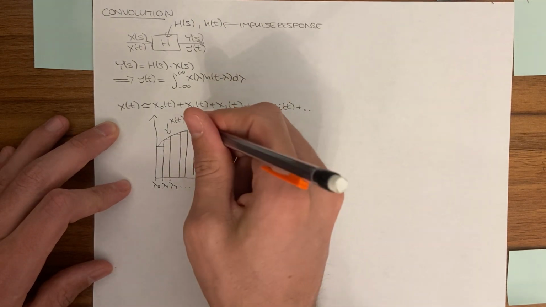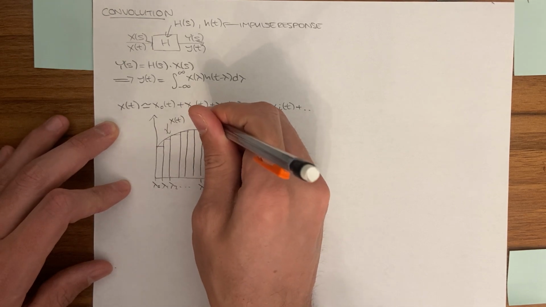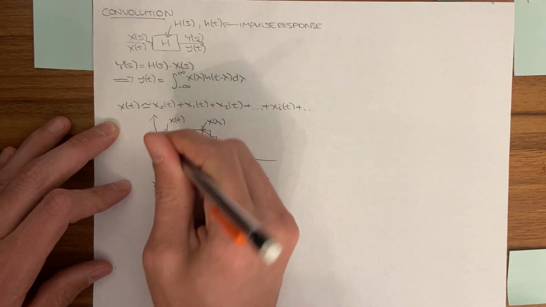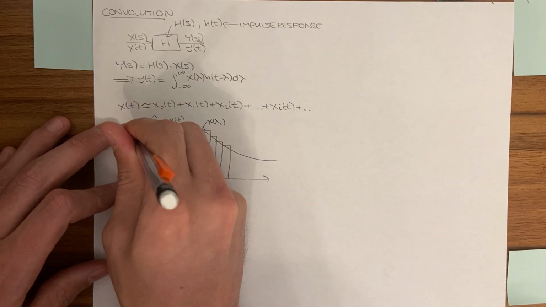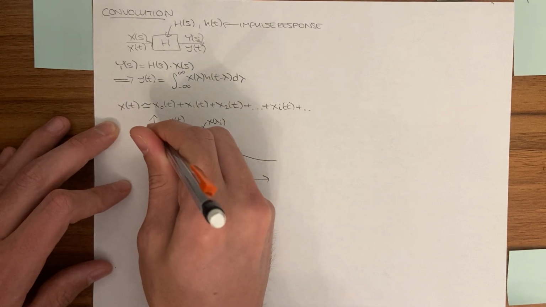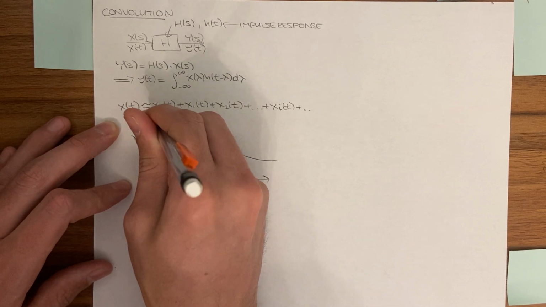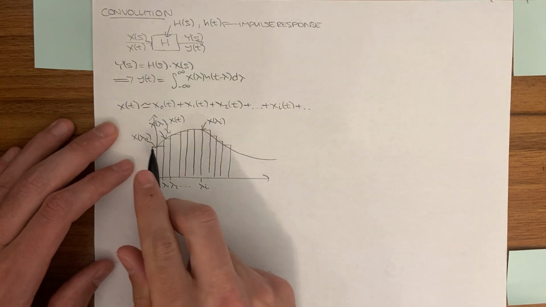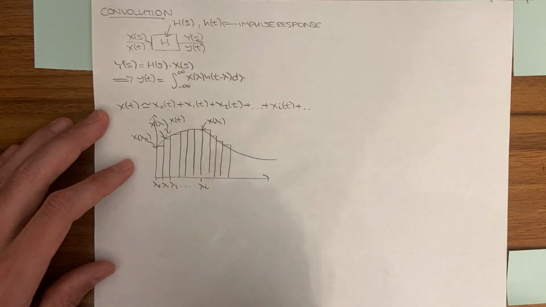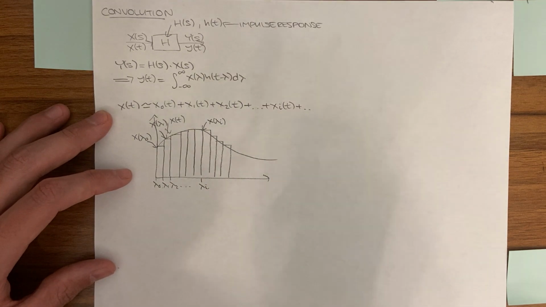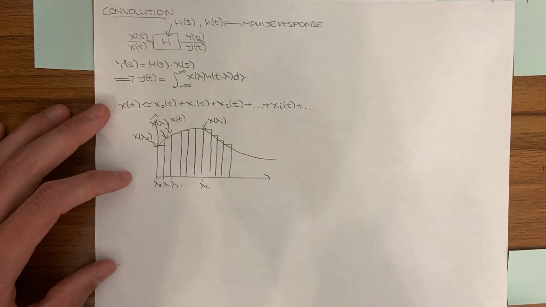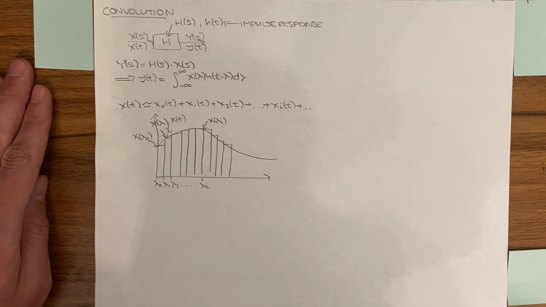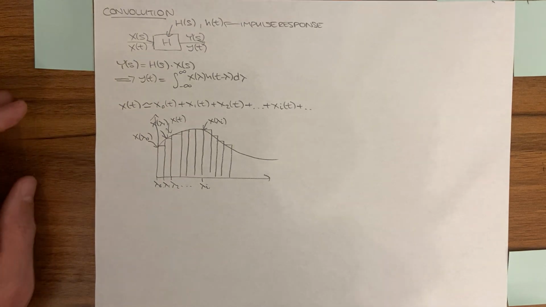Then the height at each corner is just going to be x(lambda i). So the height right here is x(lambda 0), then x(lambda 1), and so forth. Essentially it's just the value of x at each time point on the left-hand side of the rectangle, which we're familiar with at this point. We did that lab early in the semester where we did the Riemann integration.